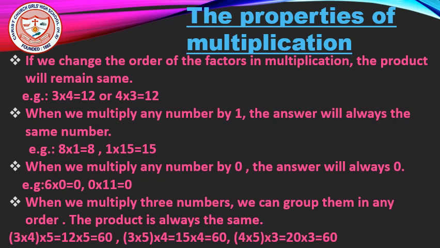So we can see that for every group, if we change the order of the numbers, the product is always the same. Understood? Let us try out some examples together.